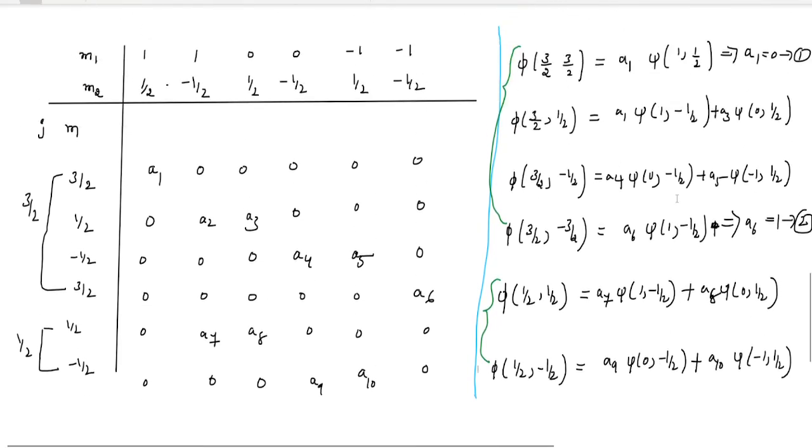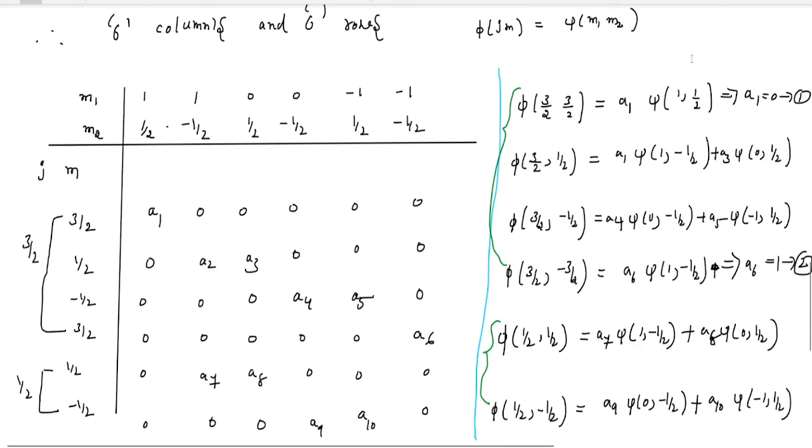Once we write this equation, this is the important thing to find the CG coefficient. You want to write the equation correctly, then only you can find this CG coefficient value. So if we add M1 and M2, you can get this J and M value. Then only it will be correct.